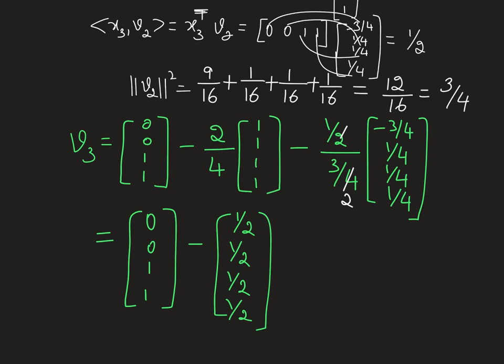So minus 2/3, taking inside, we get minus 1/2. Minus 2/3 multiplying inside, I'll get minus 1/2, and 1/4 into 2/3, I'll get 1/6, 1/6, 1/6.